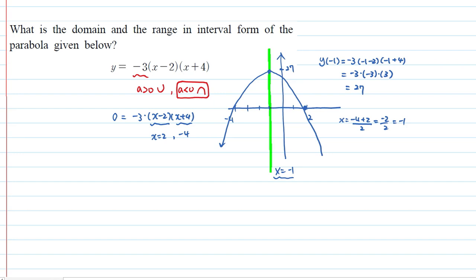Now, by now, you should know that your domain is the set of x values. Try to read the x coordinate of all the points. If you read all the x coordinates, you know that the x value can be any number, so your domain will be all real numbers.